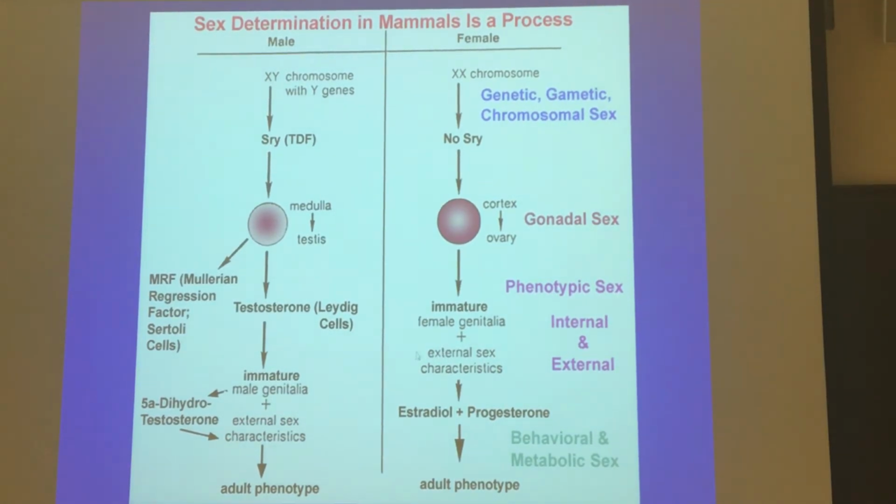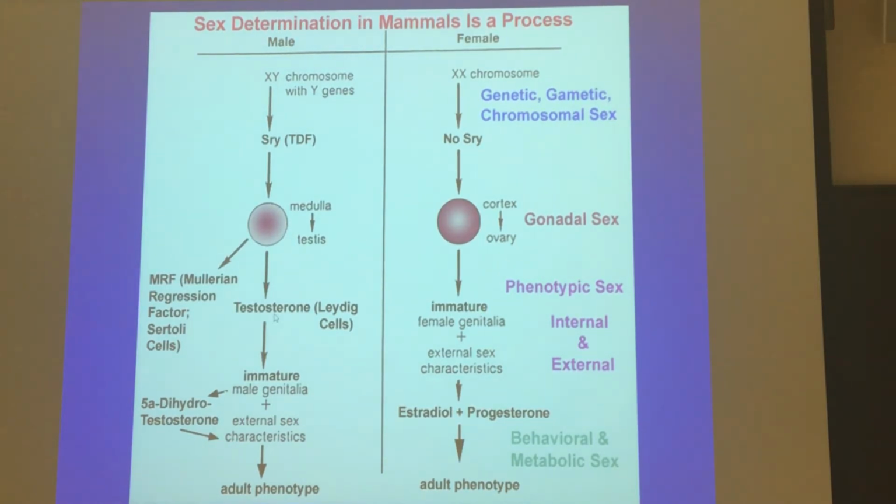And the external sex characteristics in the female are going to be the vagina, the external labia, internal labia, the clitoris. Those are all going to be developing according to the female phenotypic plan. But it's going to be immature at this stage.